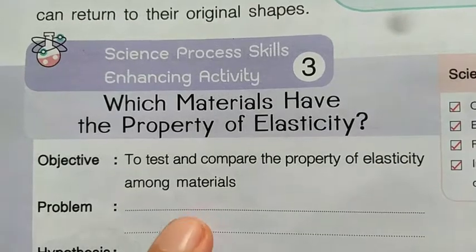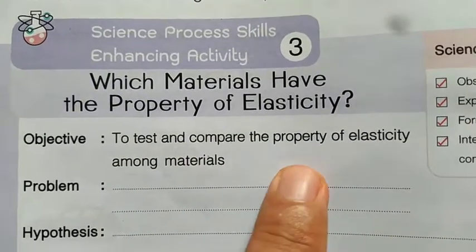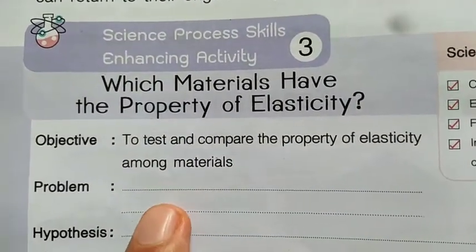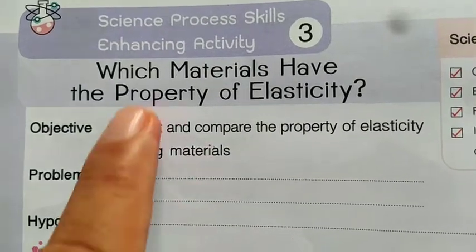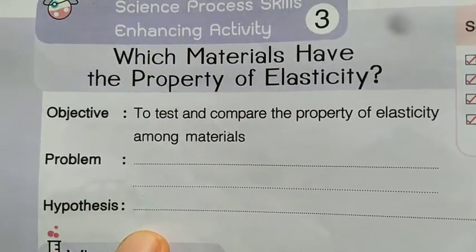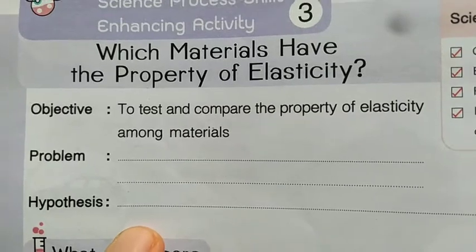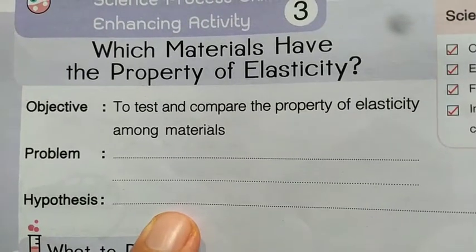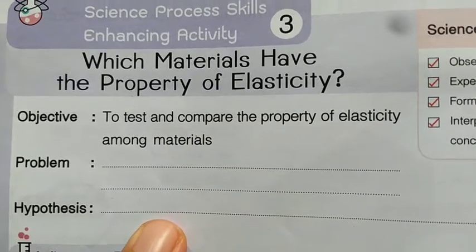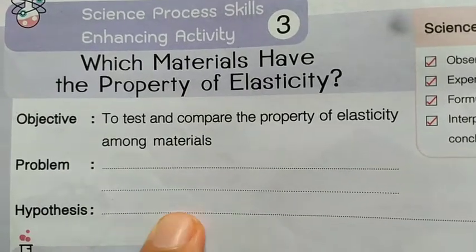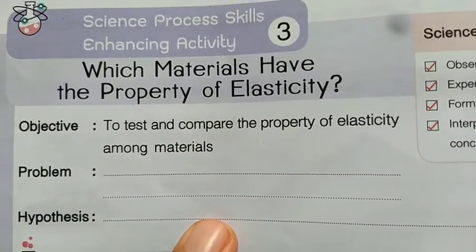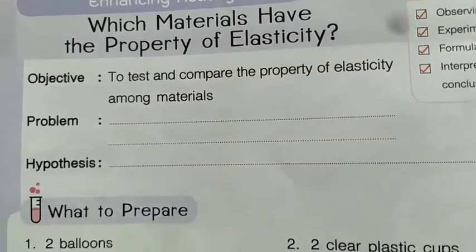The objective is to test and compare the property of elasticity among materials. The hypothesis is negative, so there is no significant difference among materials in their property of elasticity.